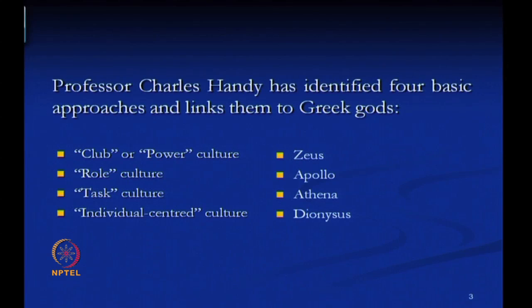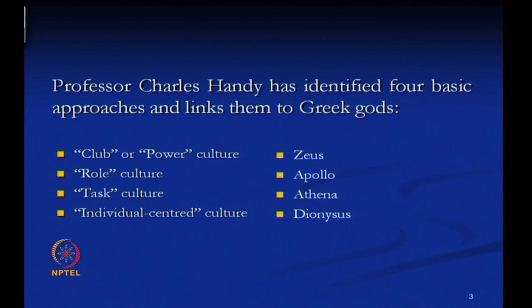Then came the role culture, in which the organization functioned by the role of the different functionaries, and this was named after the Greek god Apollo, which means the god of order, rules and logic.